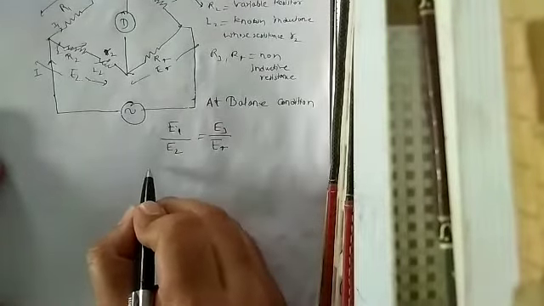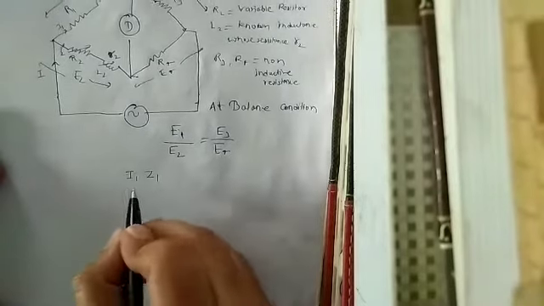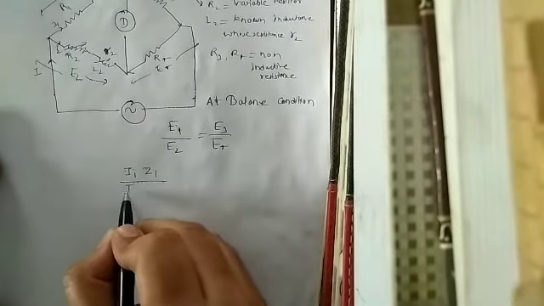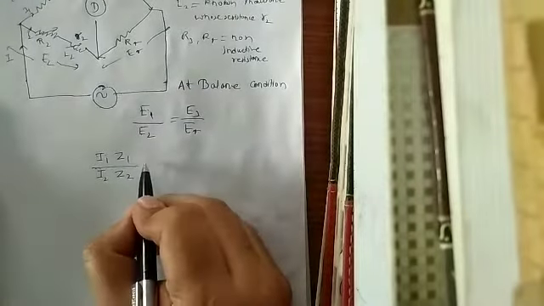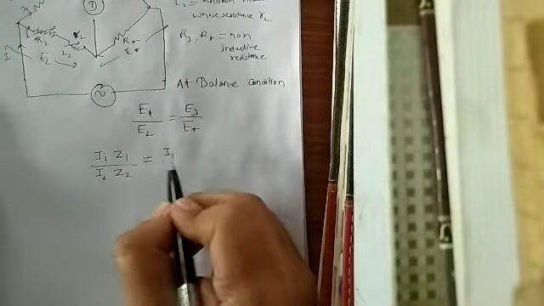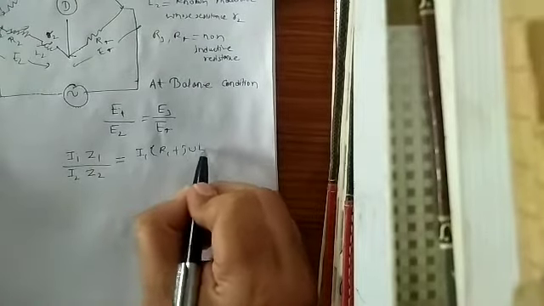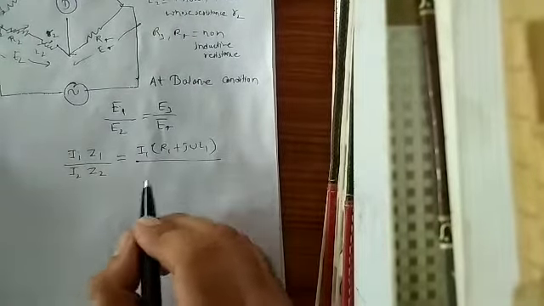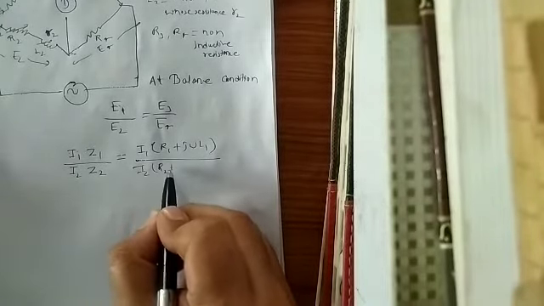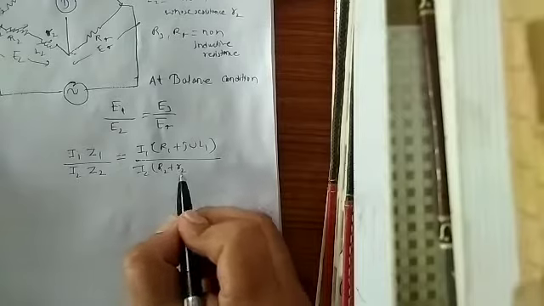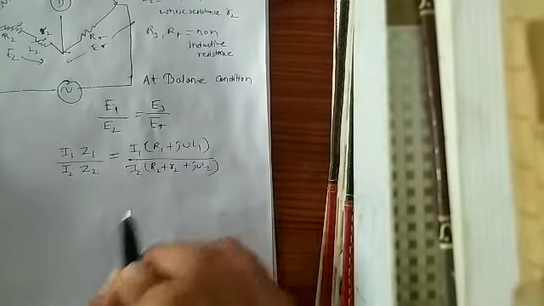Here E1 upon E2 is I1 into Z1 upon I2 into Z2. So we can see this is I1 into R1 plus j omega L1 upon I2 into R2 plus j omega L2.